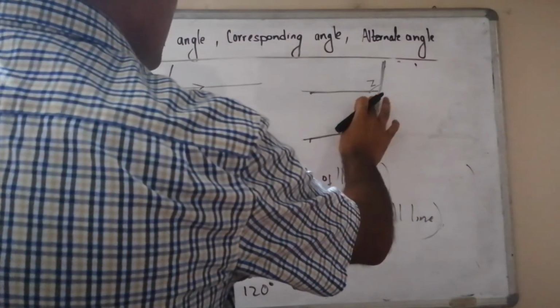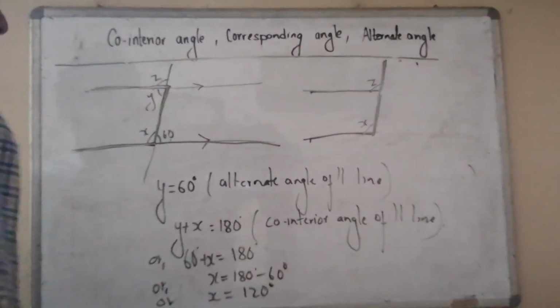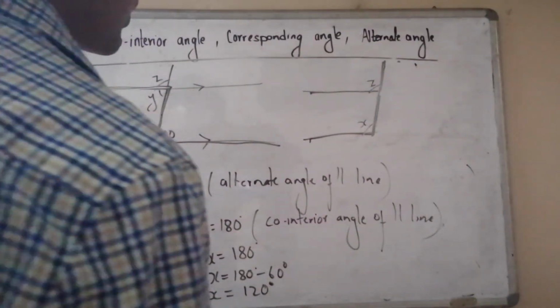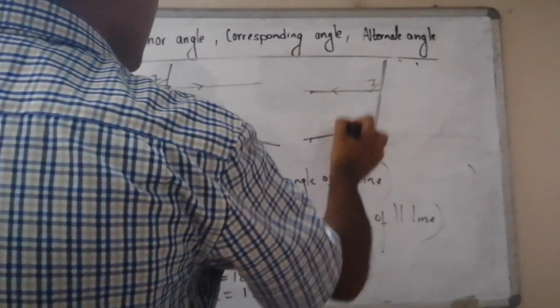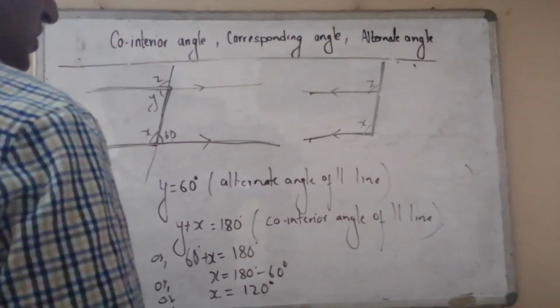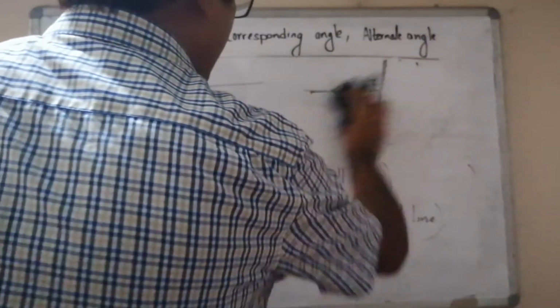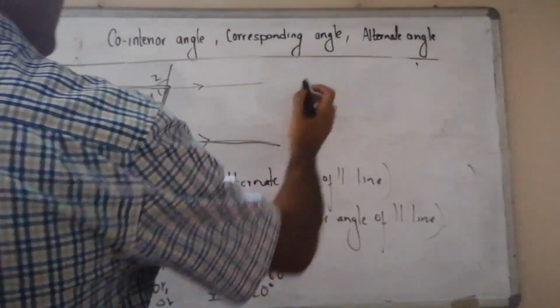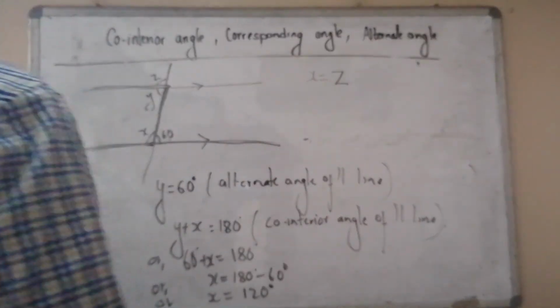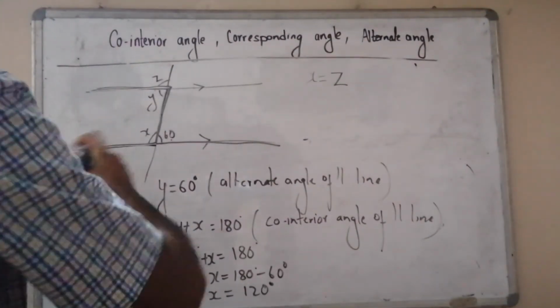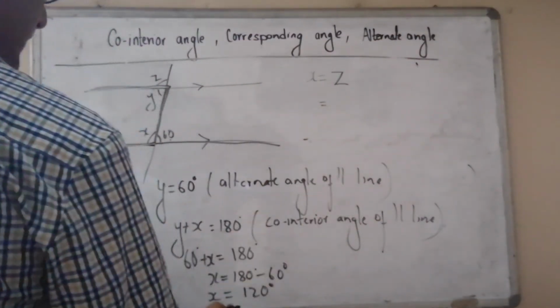So these two angles are corresponding angles, and this is a parallel line here. Then we can say x is equal to z. So we already found the value of x here.